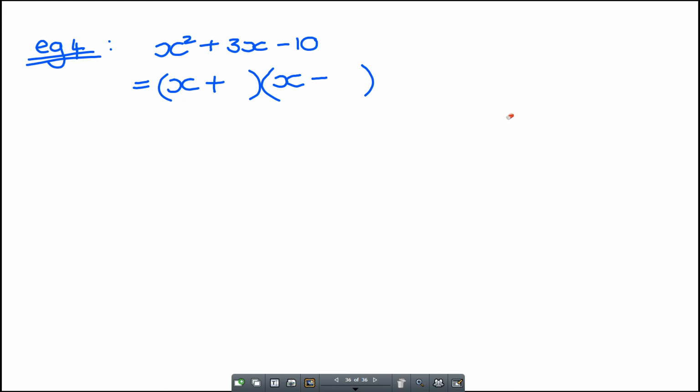Factors of 10 will be 10 times 1 or 5 times 2. I've got to use that to get 3. So will this work? No. But the 5 and the 2, that can work. If I say positive 5 minus 2. So positive 5 minus 2.